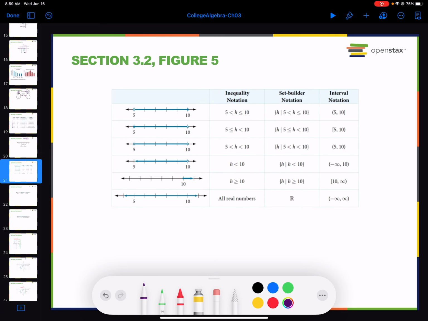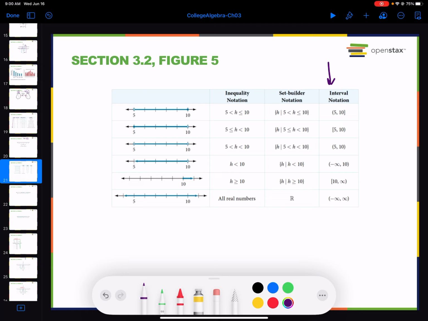Here's some more examples of some more complex ones where we're including things and not including things. So you can write with the open circles, but I really like it if you get used to just using parentheses and brackets, because then when you're writing it in your interval notation, you're not having to mentally calculate back and forth.